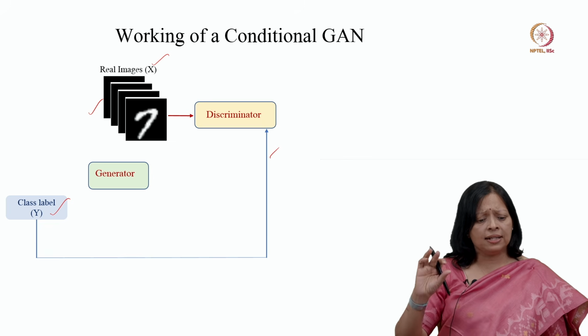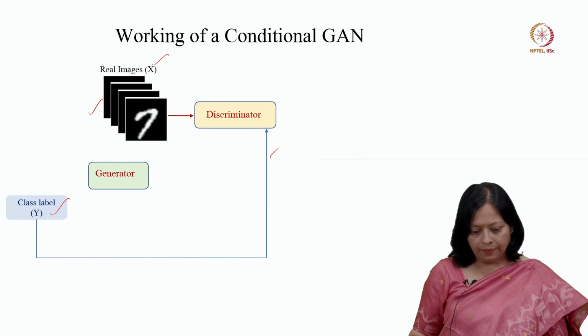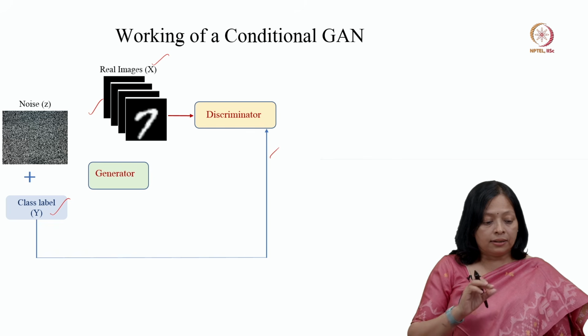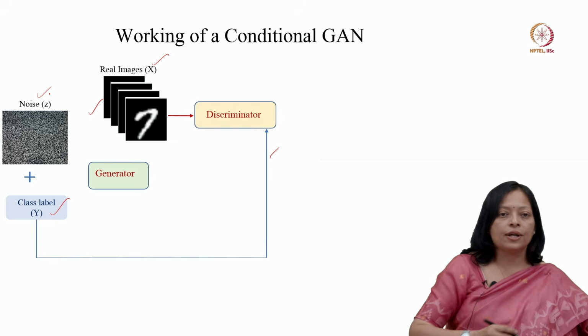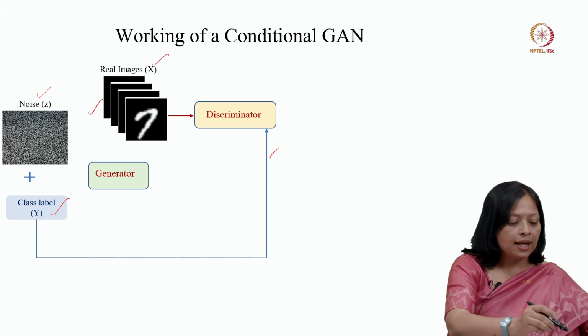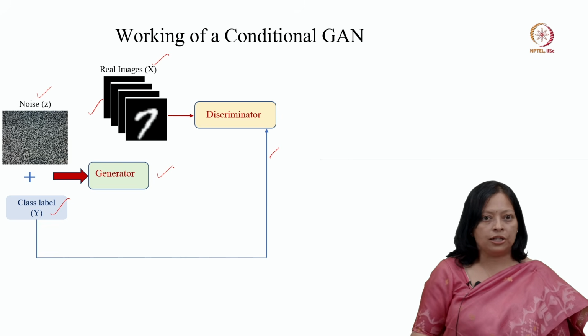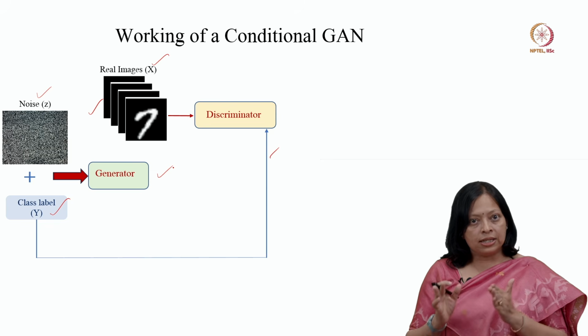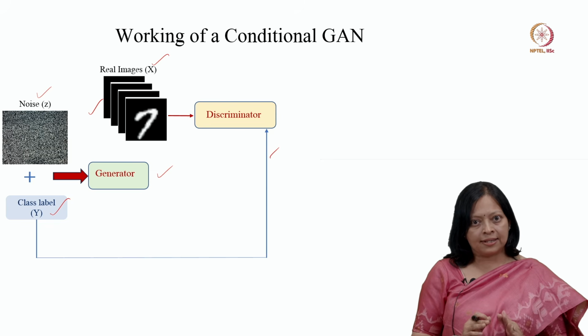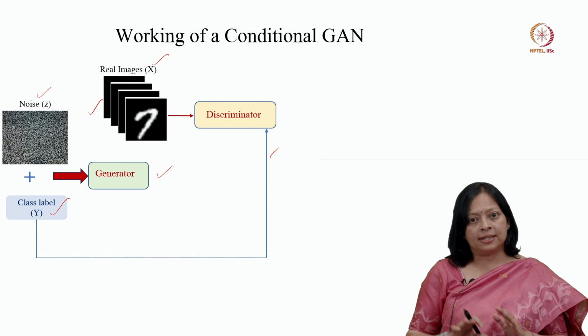So, the discriminator has the real images X and the class label Y. Now, we have the noise sample from the latent space. So, noise is Z. This noise plus the class label both go to the generator. So, the input to the generator is noise plus class label. The input to the discriminator is the real image plus class label.